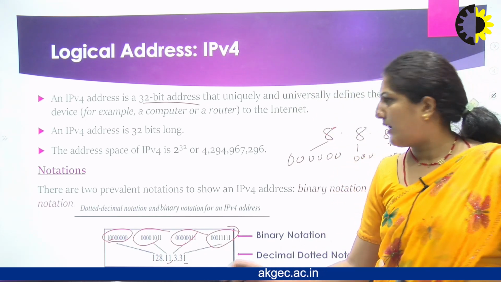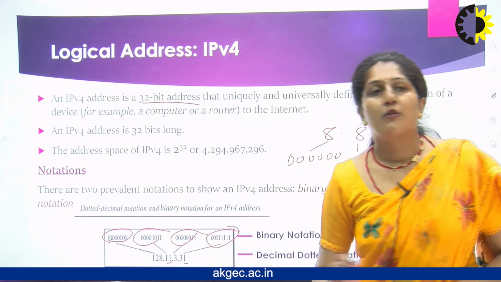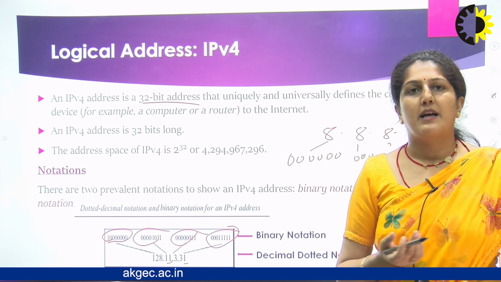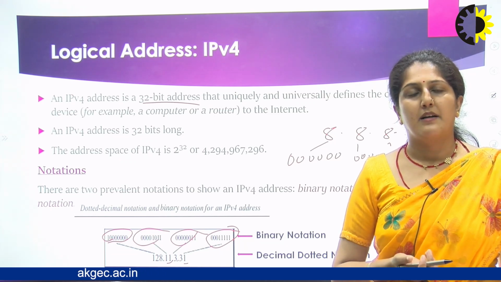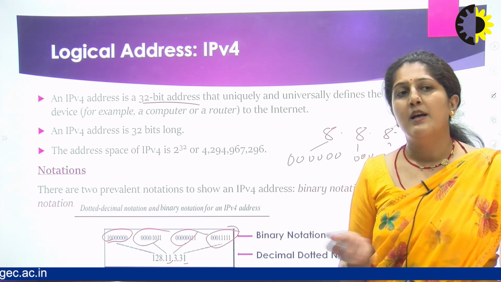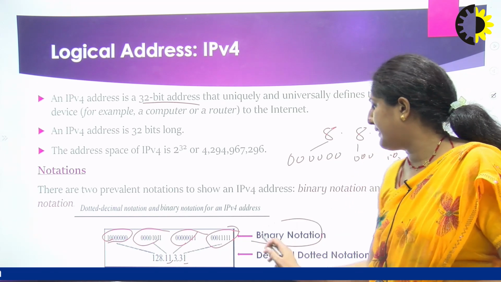Generally we will see the decimal notation, but for calculating a subnet mask, host address, network ID and host ID, we should know the binary notation also.